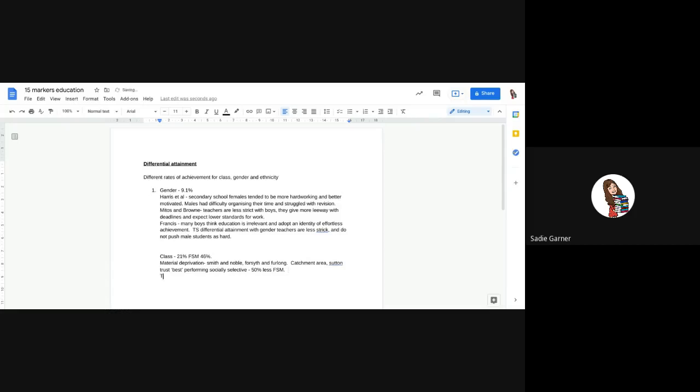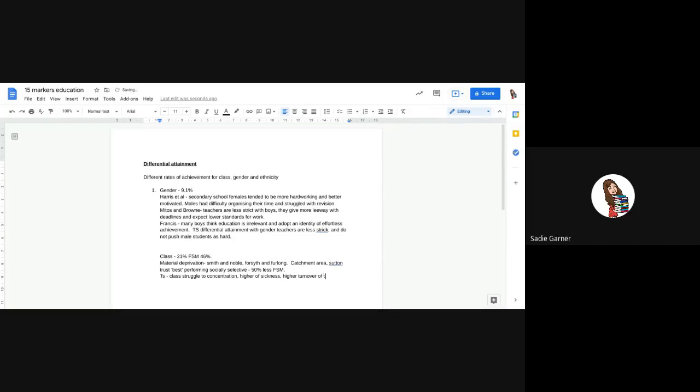This shows there's differential attainment when it comes to class, because some students may struggle to concentrate. It may have been an issue with higher rates of sickness and a higher turnover of teachers.